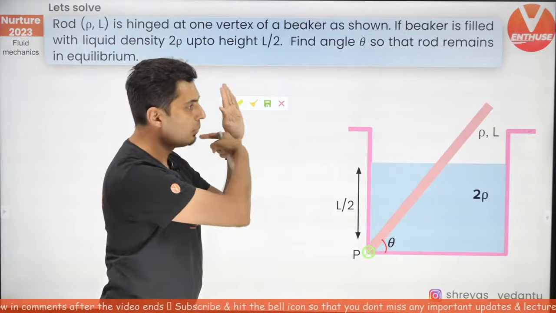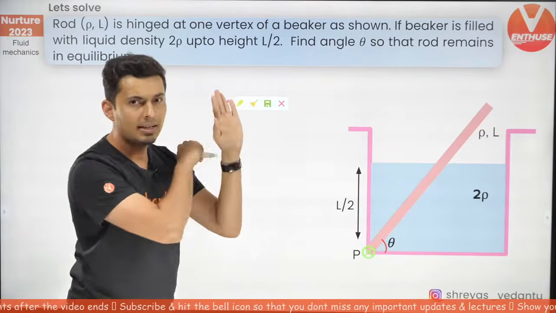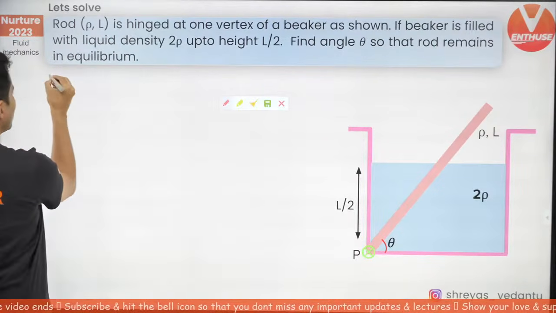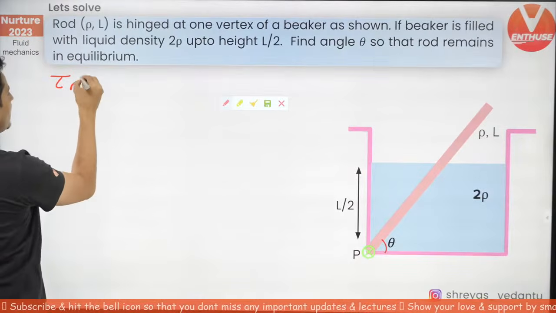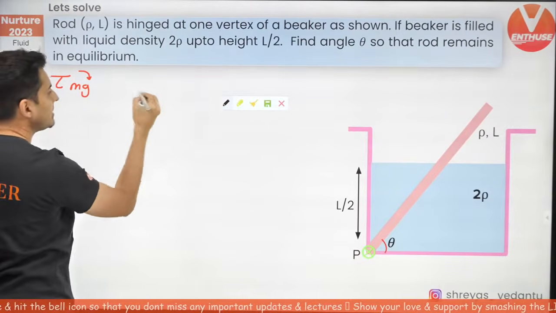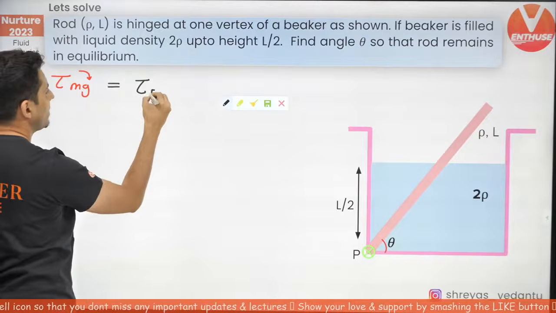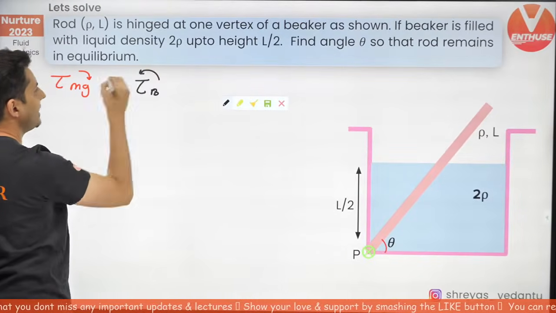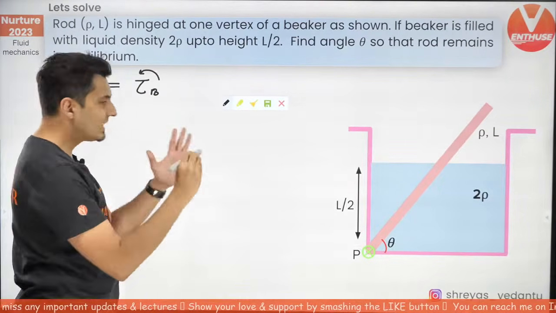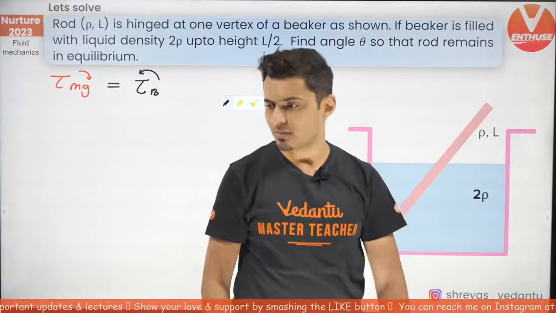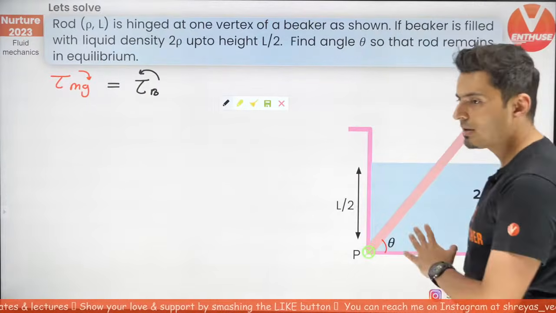The other torque is the buoyant force, which is anti-clockwise. So one thing is very obvious. The torque of mg, which is clockwise, is being balanced by the torque of the buoyant force, which is anti-clockwise, because it is in equilibrium. Everybody agrees with this.